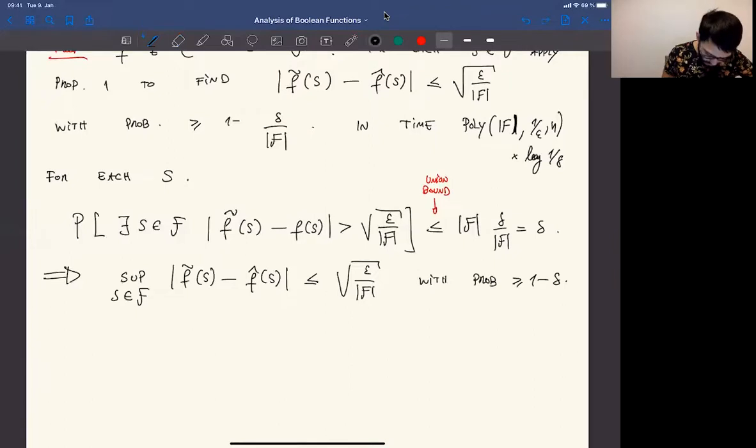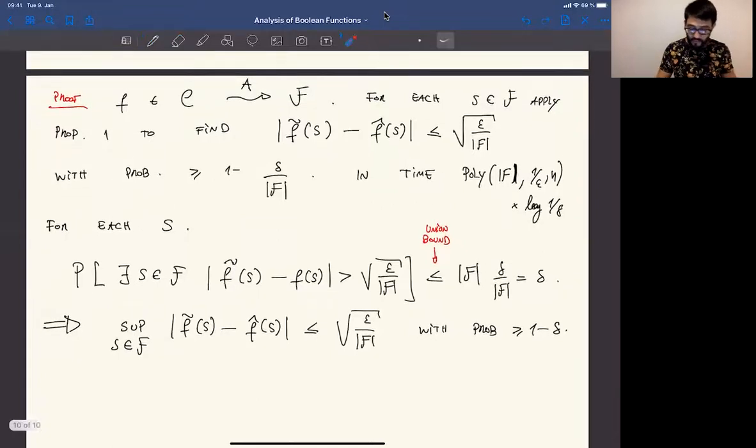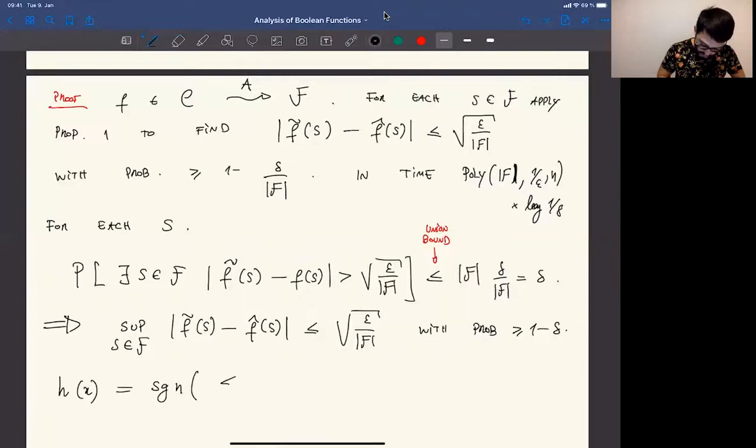So now I have my initial algorithm A, which given an f produces a family of subsets, and for each guy in this family of subsets I create an approximation f tilde, so now I have an approximation f tilde that works for every member in that family, and now I can define my function h, which would be the sign of the sum over all this family of sets.